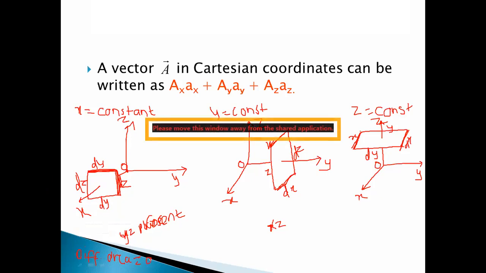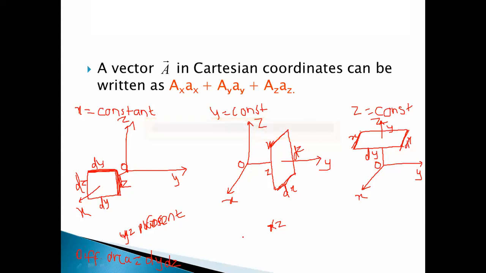So what is present here? Y and Z are present. Therefore, the differential area is dy dz, right? The differential area is dy dz for x is equal to constant.